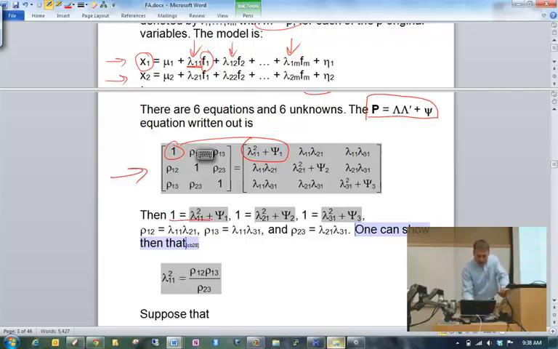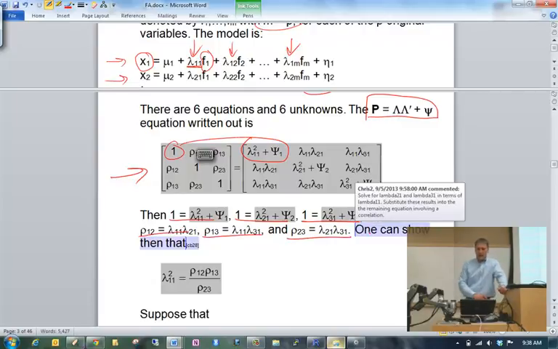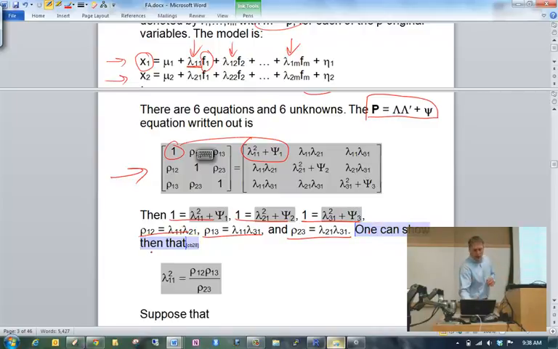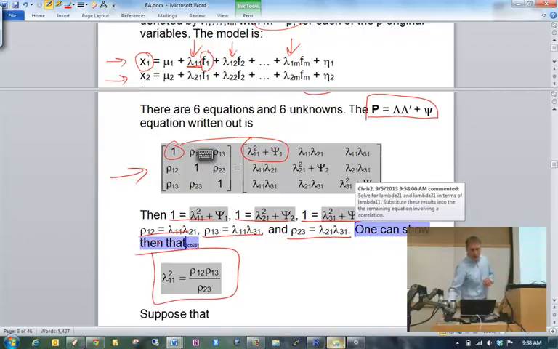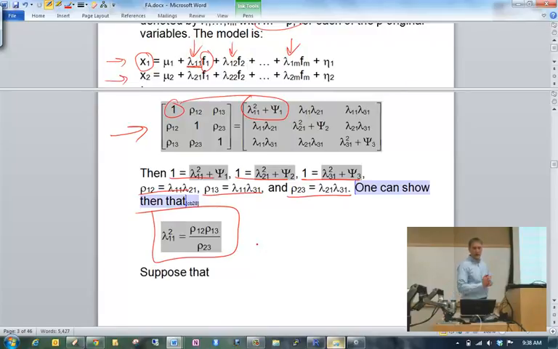And you can write out 6 equations based upon what you see in your factor analysis equation. You could do a little bit of algebra and show that lambda 1 squared is equal to rho 1 2 times rho 1 3 divided by rho 2 3.